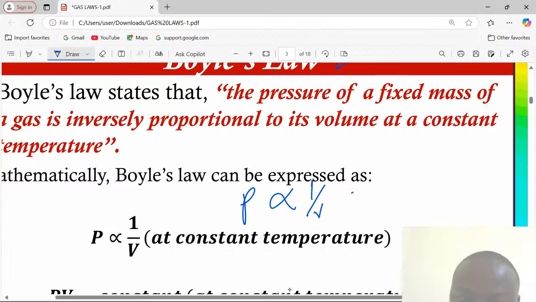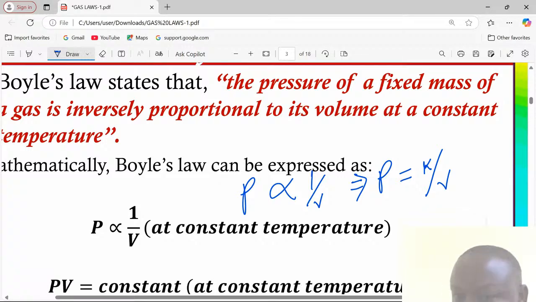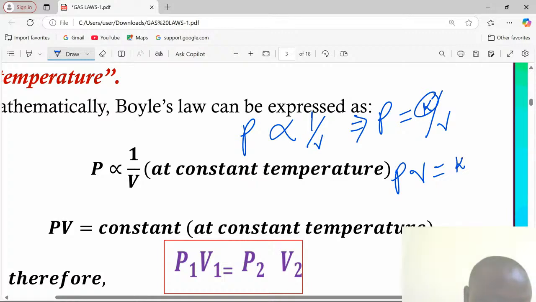So pressure equals a constant K multiplied by the reciprocal of V, that is, K over V. From this, we make the constant the subject by multiplying through by V. Therefore, pressure times volume equals a constant K.